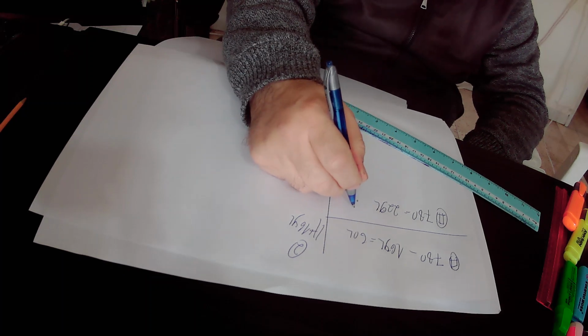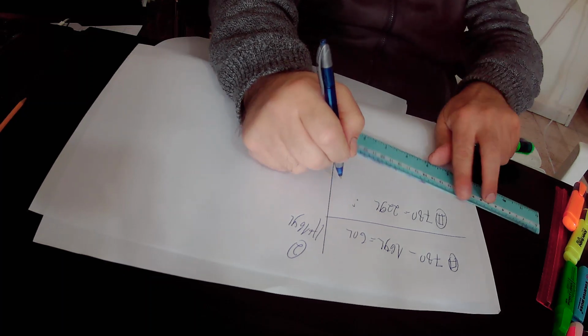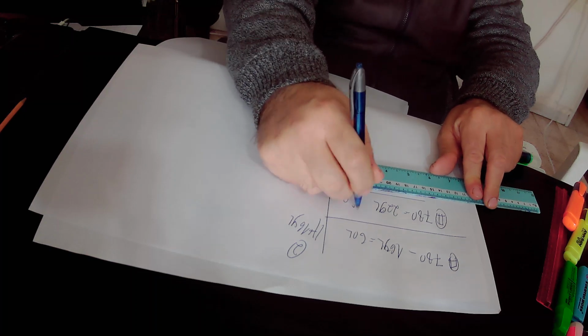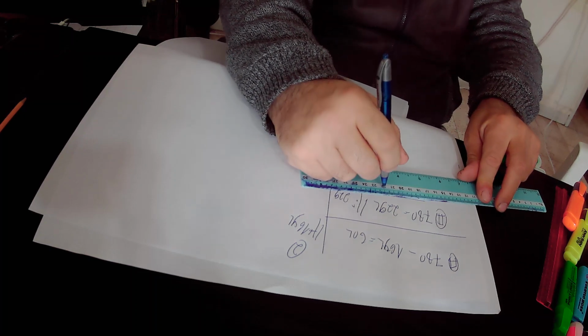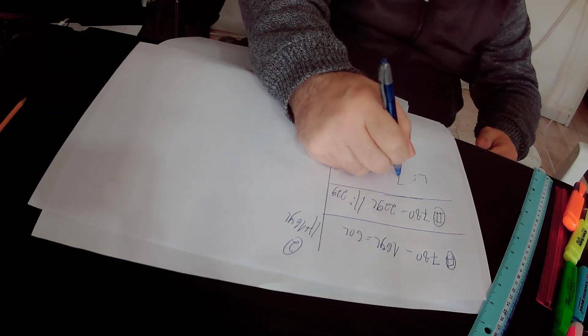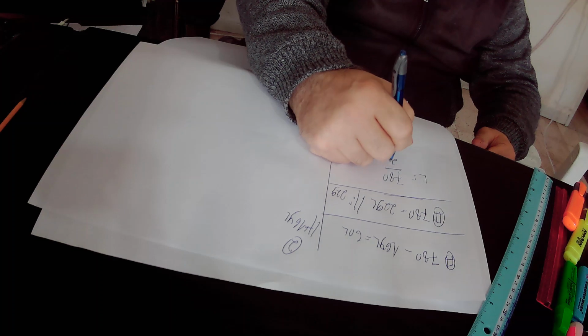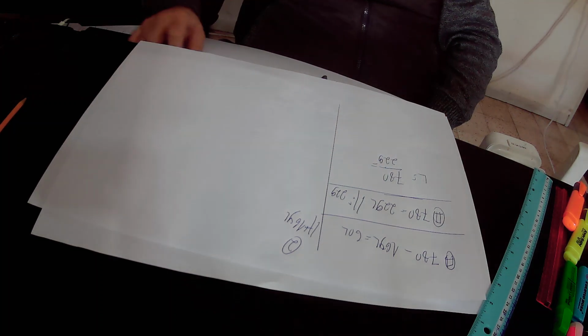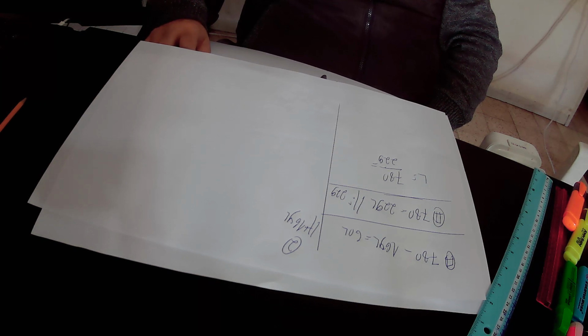Here we divide equation 2 by 229. And finally we get that L equals 780 over 229.